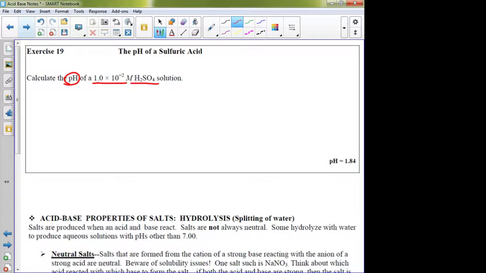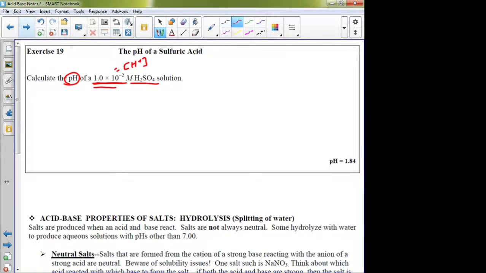Okay? Now, the first time's easy. Because the first time, it's going to completely what? It's going to completely dissociate. So whatever this concentration is equal to what? The concentration of my H plus.